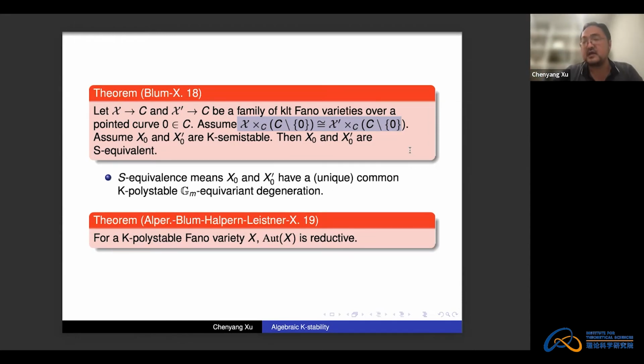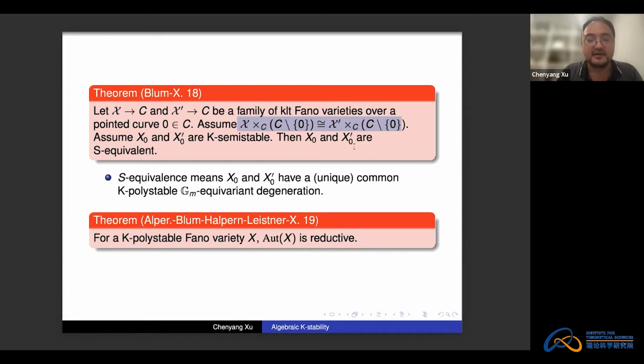In other words, if you take the Jordan-Hölder filtration of the two semistable bundles, and you take the direct sum of them, then they become isomorphic. So that's what S-equivalent means. In the Fano case, the S-equivalence is something like this, but much more complicated. But we can describe it abstractly.